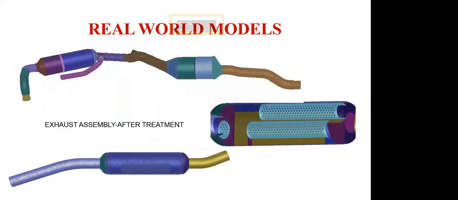These are exhaust assemblies, after treatment assemblies, which we can see in our bikes or cars. So really challenging structures. For example, the exhaust gas comes into these structures in a short span of time.